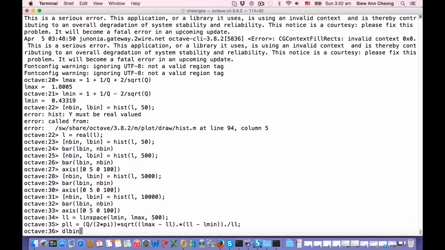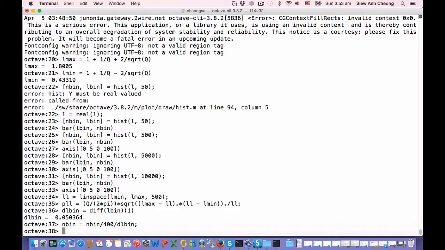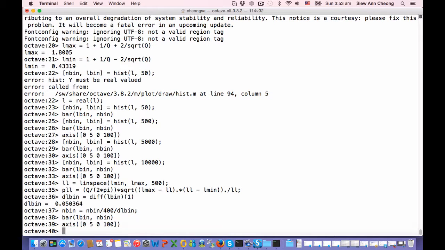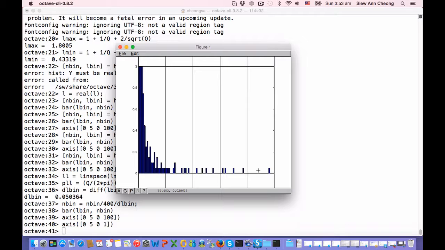So DL bin is equal to diff of L bin 1. Okay, so now N bin, let's normalize it as N bin divided by 400 divided by DL bin. Okay, so now let's do the bar graph again, and set the axis to be this, but now it is no longer up to 100, but maybe about 1. Yes, 1 is fine.